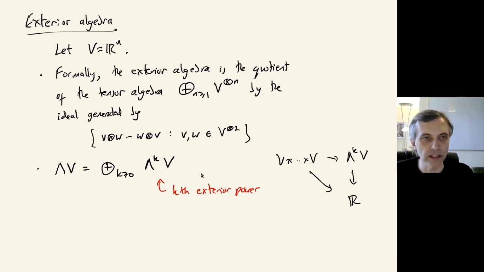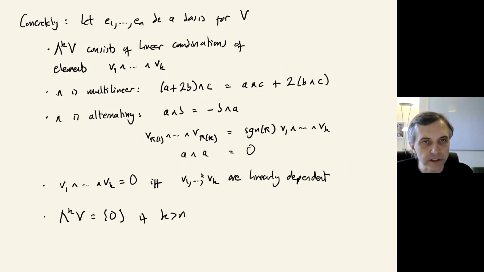Maybe I won't say more about that. This sets it out formally, but let me give you a concrete version that is more hands-on. If you read this in most algebra texts, they give the formal version in terms of alternating multilinear maps and tensor algebras.